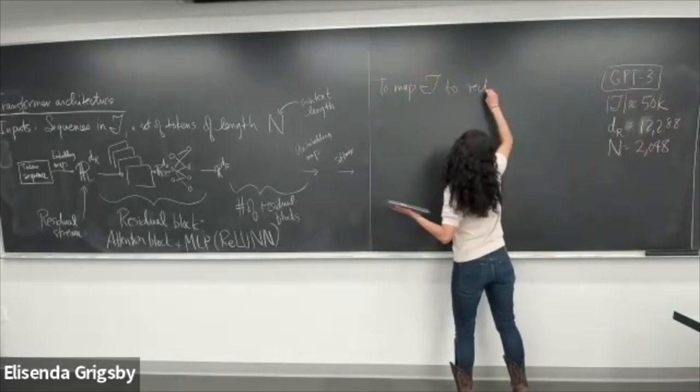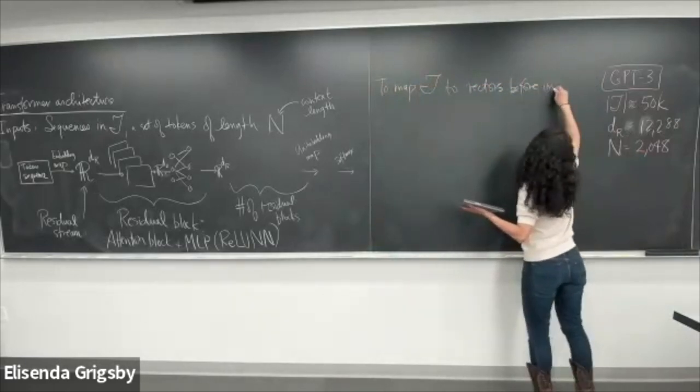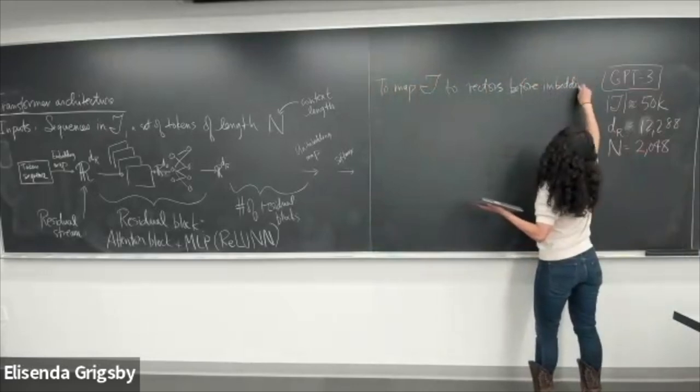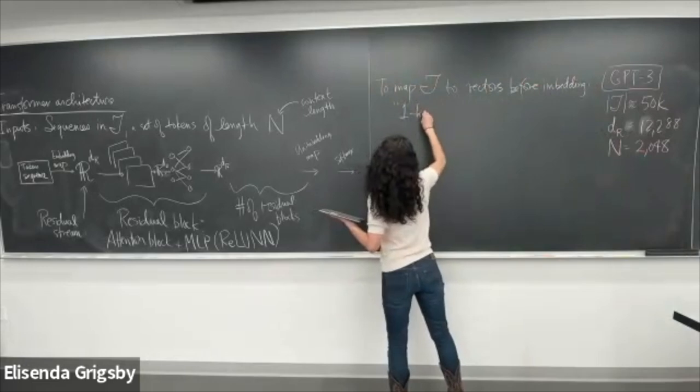Convert tokens to vectors before embedding, using a so-called one-hot encoder.